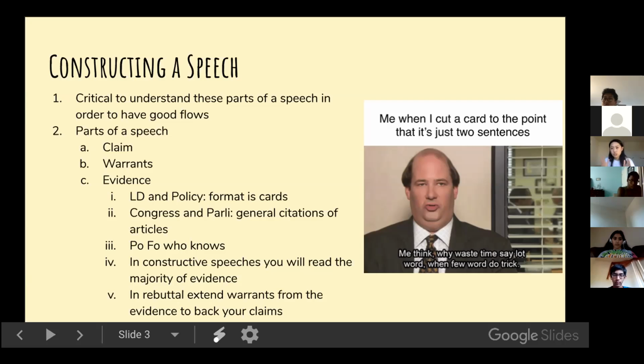When you are constructing a speech, the formatting is very specific to the type of debate you're doing. You should have heard this in a lot of your intro to events. But if you have more questions on the specifics of how claim, warrants, and evidence are presented in each format of debate, I would contact whoever did your intro, or if you just want to ask me, that is all right too.